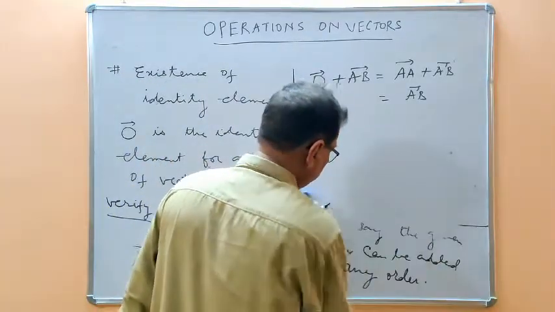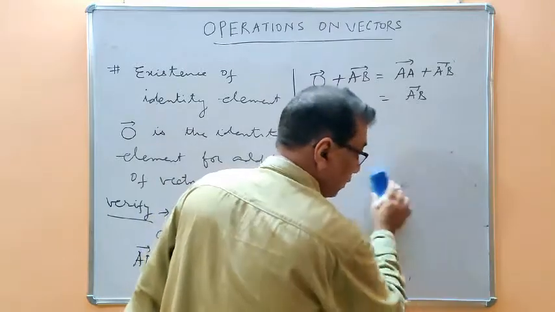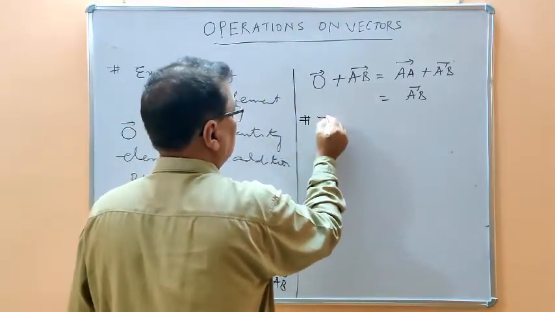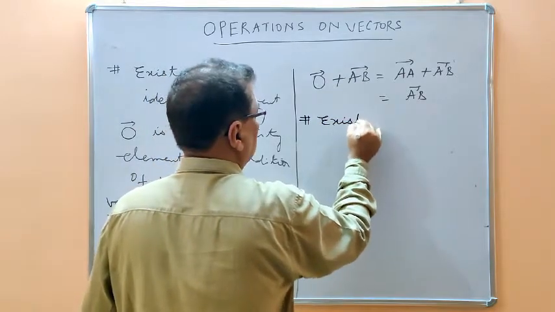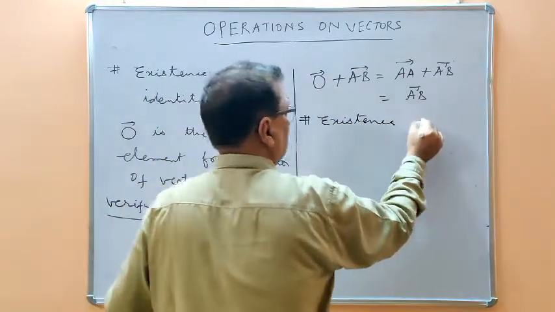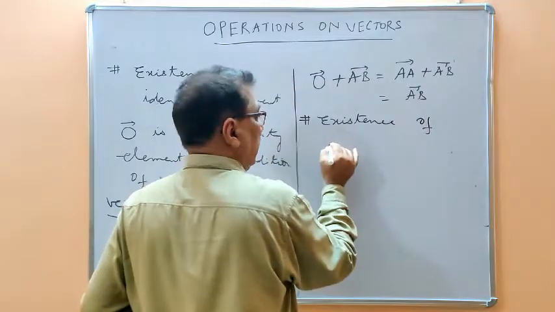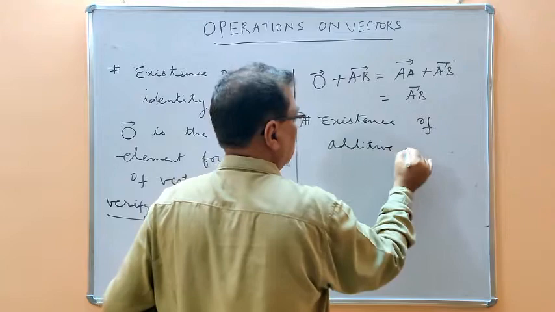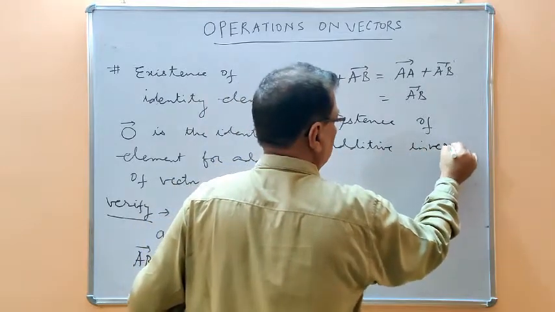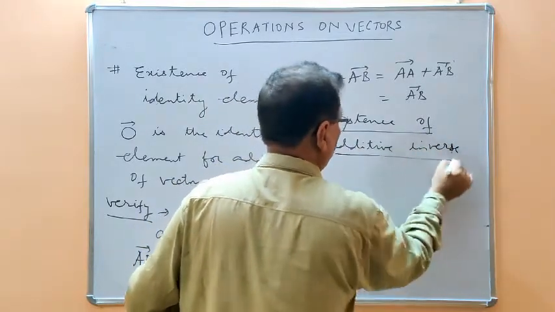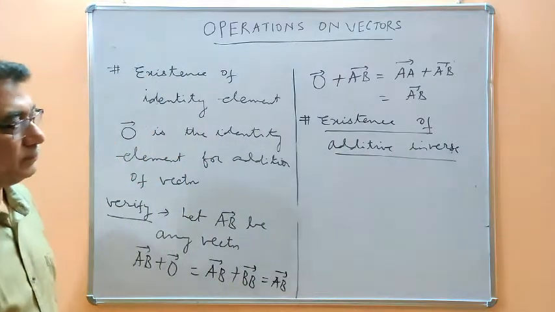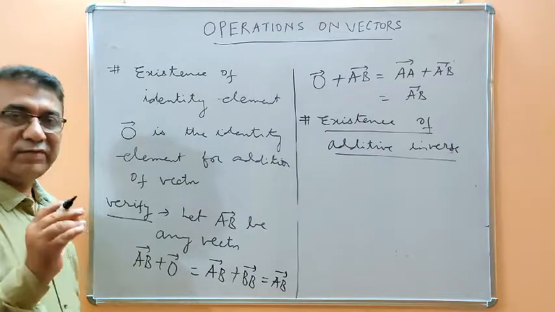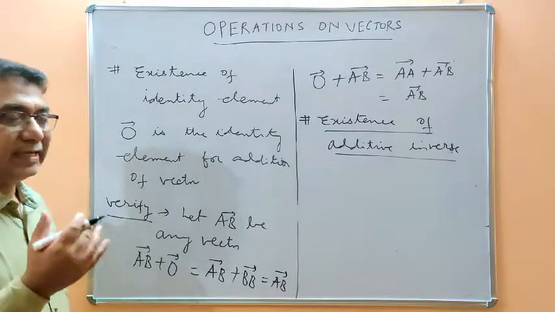Next, existence of additive inverse. If there is any vector, then there always exists its additive inverse.